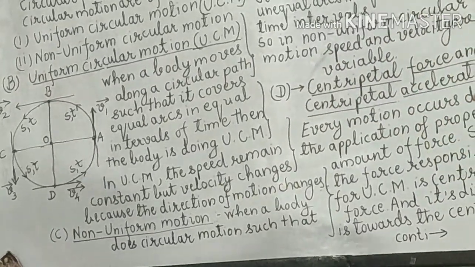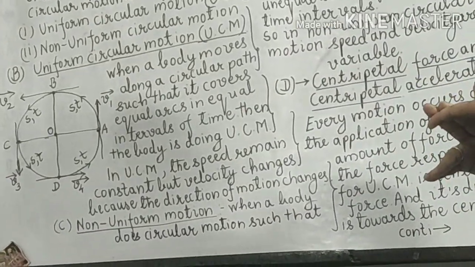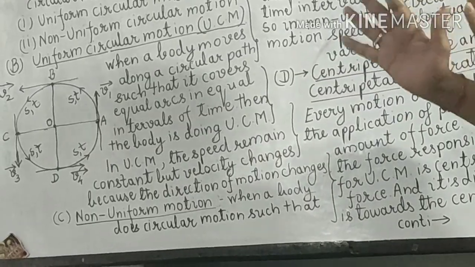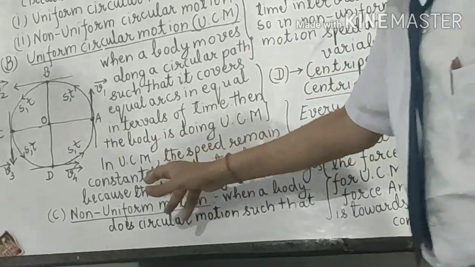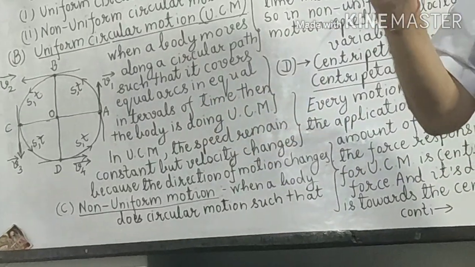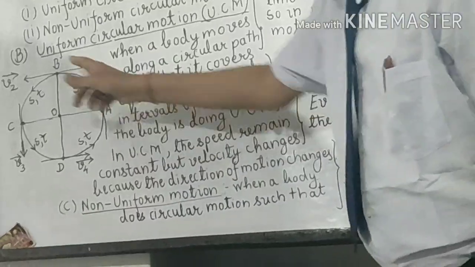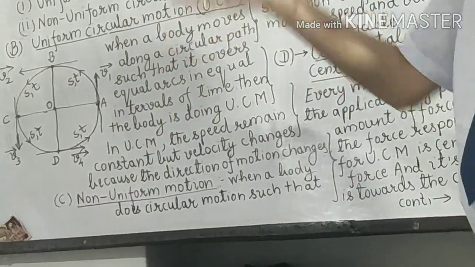So, in UCM, the speed remains constant. Because what is the definition of speed? Distance divided by time. The distances from A to B, B to C, C to D, D to A and the time are the same.